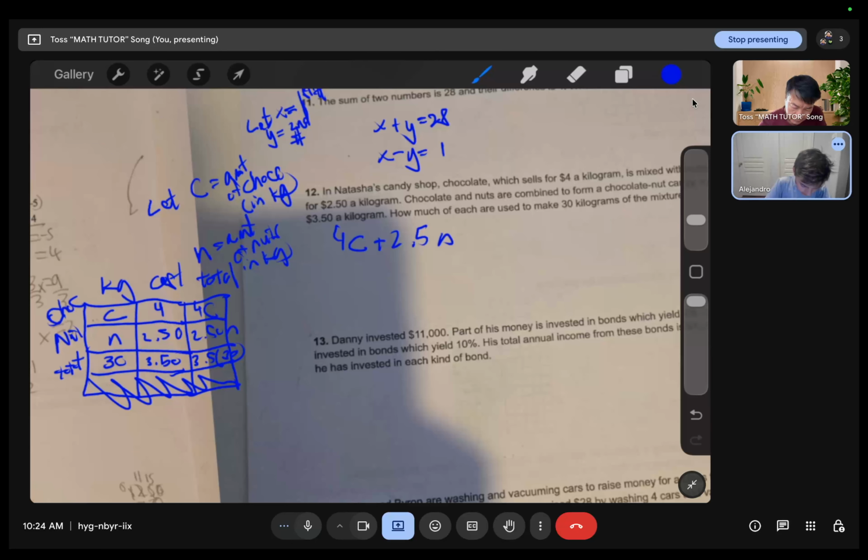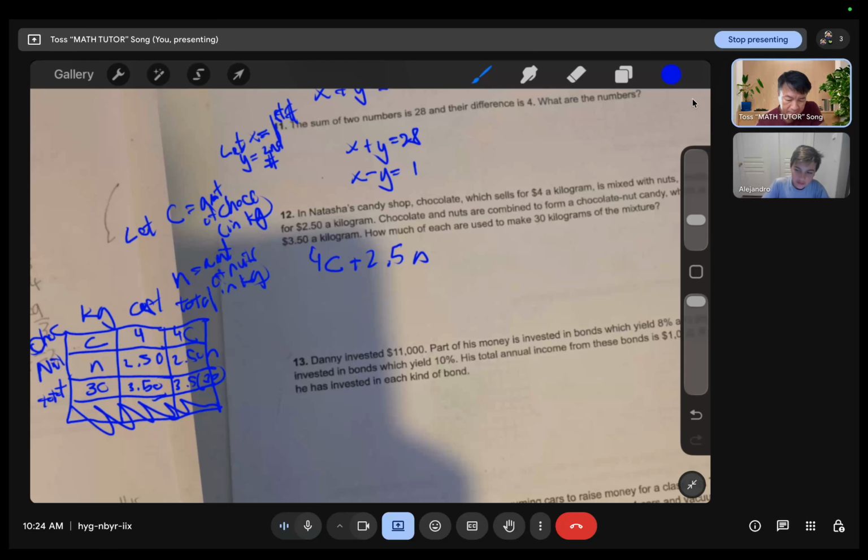Let's make it look like money, or if you don't want to multiply the equation by 100, then we'll keep 2.5. Okay, 2.5 n equals 3.5 times 30. Yes, right there.